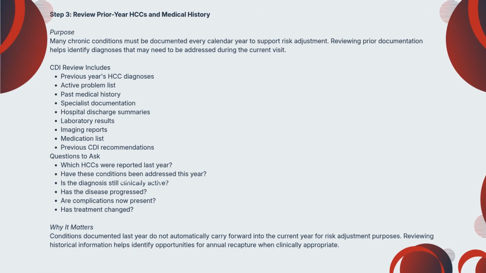Step 3. Review prior year HCCs and medical history. Purpose. Many chronic conditions must be documented every calendar year to support risk adjustment. Reviewing prior documentation helps identify diagnoses that may need to be addressed during the current visit.